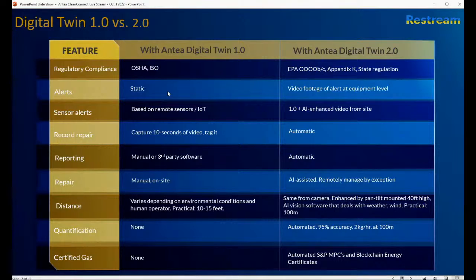When it's breached, either upper or lower bound, it sends out an alarm. If it's about to breach, it sends an alarm just to let someone know. But if it is breached, it sends an email. It's also trending that data, so you can see not only that it was breached, but how long it was breached and how high or how low it was.